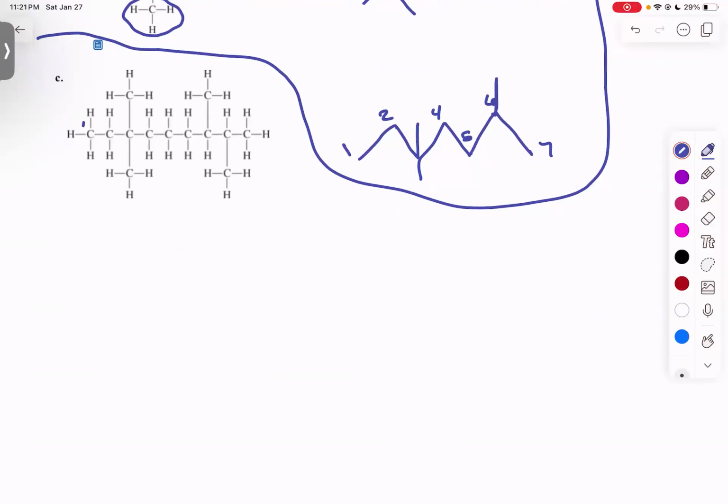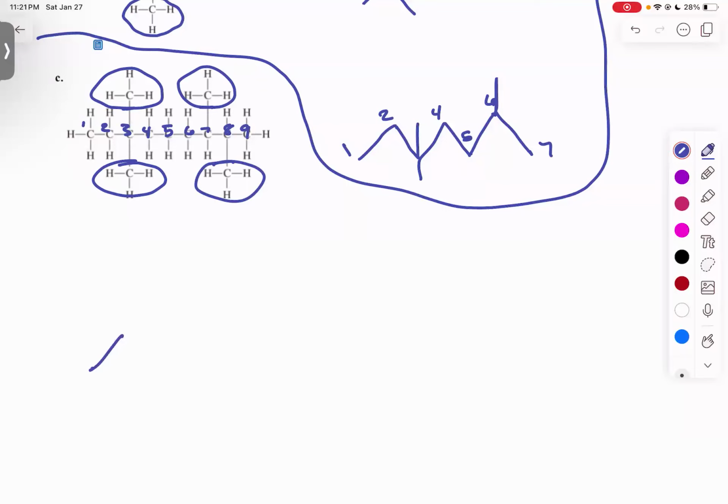All right, C. Go 1, 2, 3, 4, 5, 6, 7, 8, 9 carbons. Then coming off of 3, we have 2 methyl groups, coming off of 7, and coming off of 8. So 1, 2, 3, 4, 5, 6, 7, 8, 9.